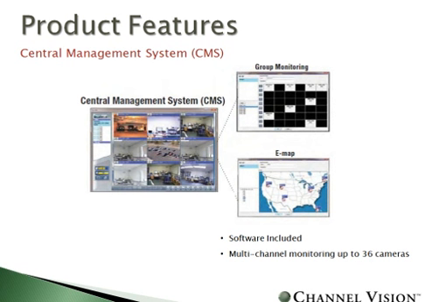This is more for commercial use, that you could pull up the cameras just by the name and map it out. The EMAP, if you had cameras that were throughout the U.S. and said, I want to see the California office, I want to see the Texas office, etc., you can do that. So multi-channel monitoring, up to 36 cameras, and most companies will charge you a pretty penny. We do this for free.